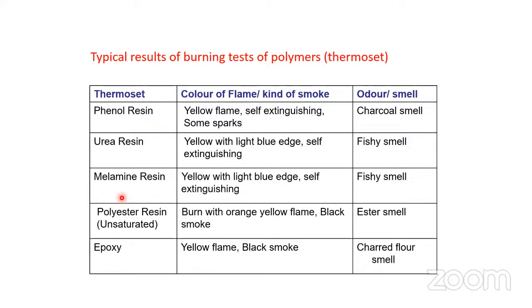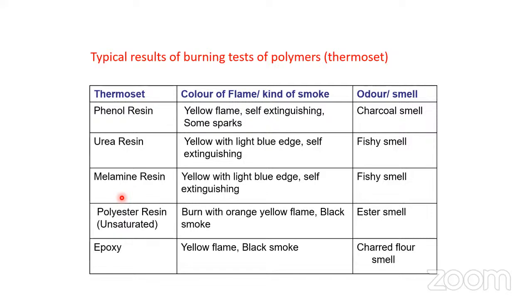Now those observations are generally for the thermoplastics which we have mentioned in recent slides. But if you have a thermoset material, which kind of observations will you get? If you have phenolic resin, or phenol formaldehyde resin, then which kind of flame color and which kind of smoke will you get? You will get a yellow flame and self extinguishing property.